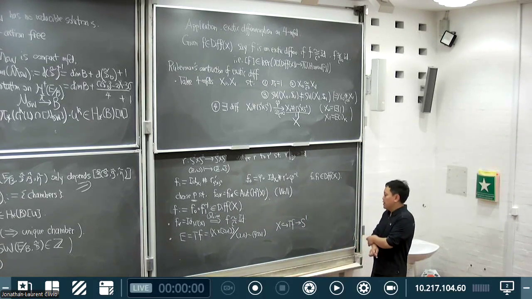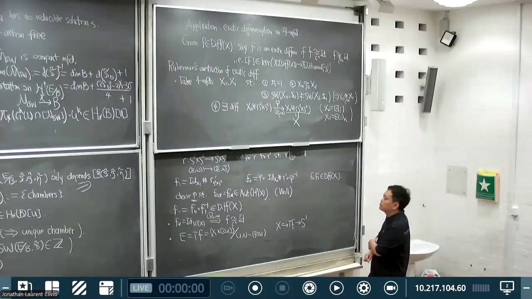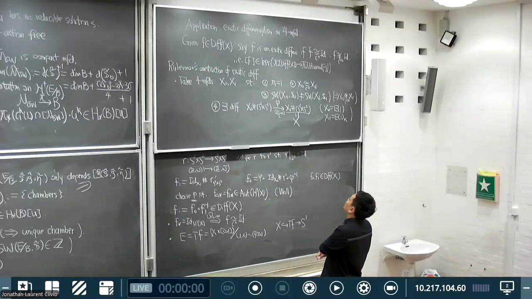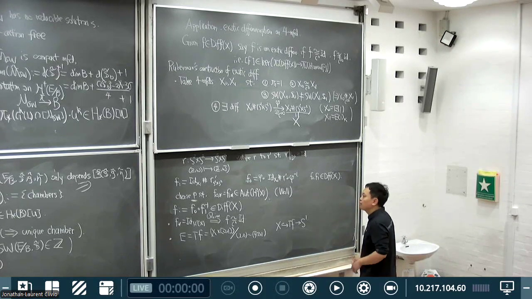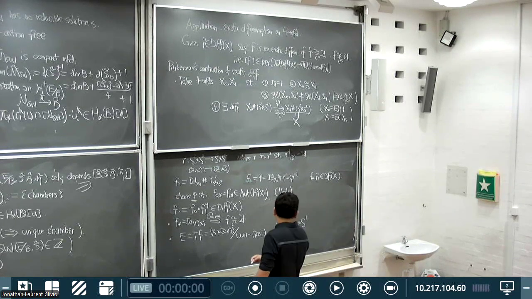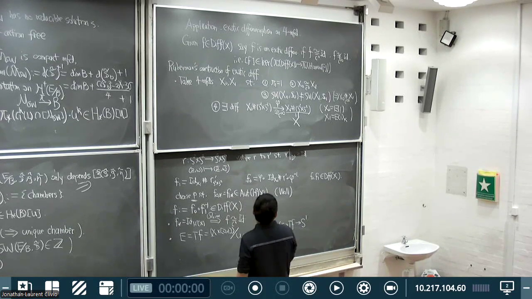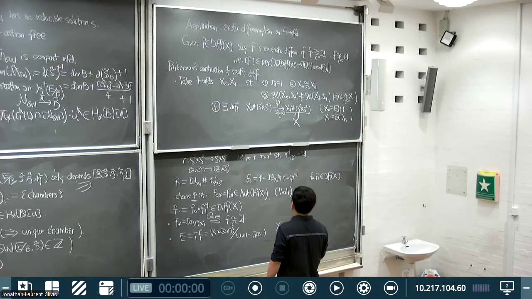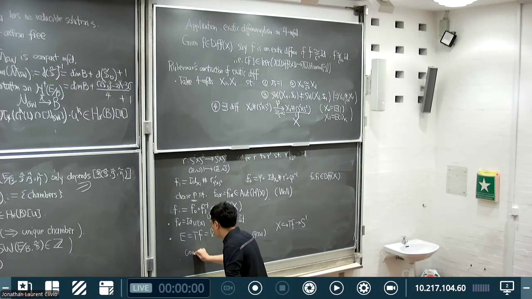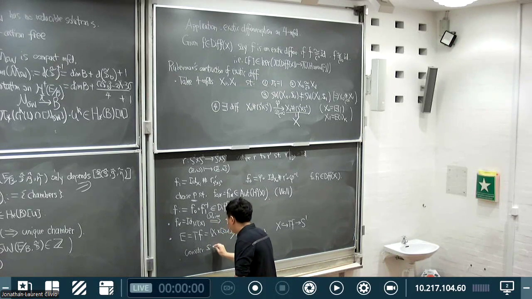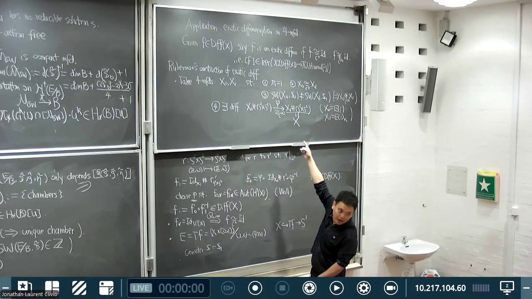Now we consider a spin C structure, so consider S to be S1, which is a spin C structure on X1.